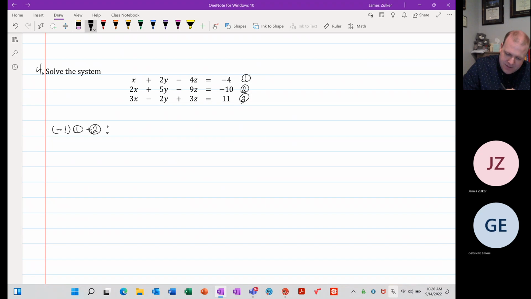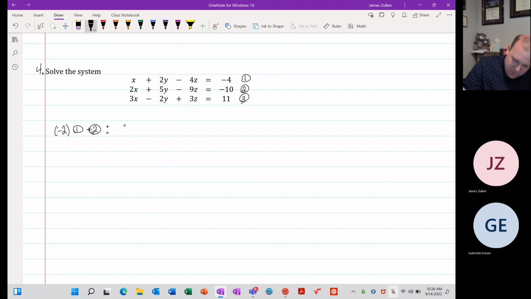All right, so that gives us 3y minus 5z is equal to negative 6. Why did I do negative 1? It should have been negative 2 times equation 1. Oops. That's better. They drop out.